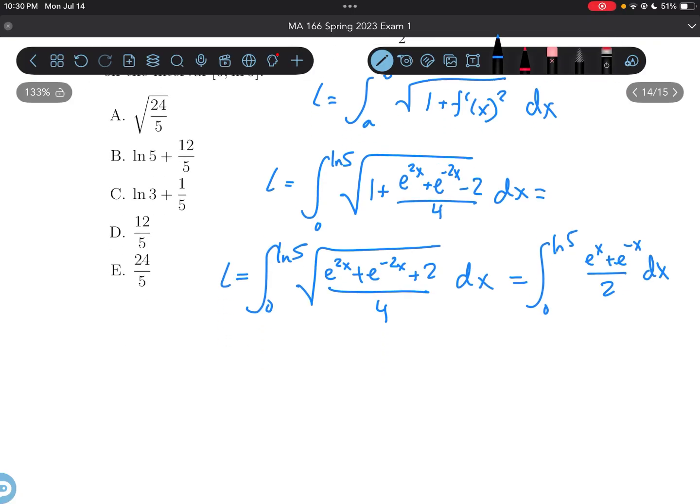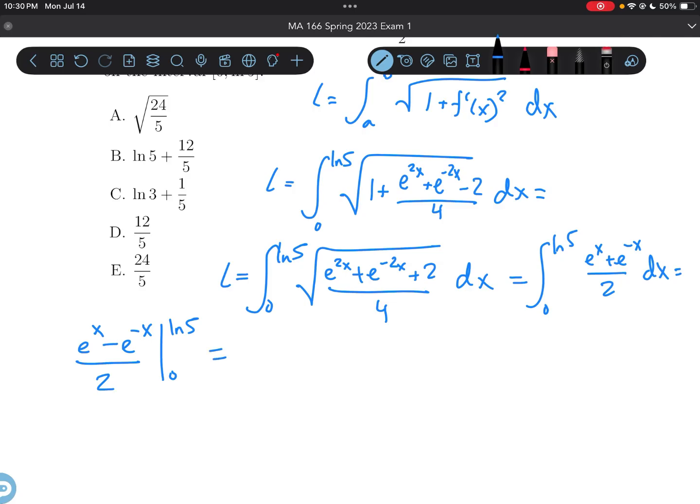Okay, so last step now is finding the antiderivative. The antiderivative is e to the power of x minus e to the power of negative x, divided by 2. And all of this is because the derivative of e to the x is just e to the x. So that makes things really easy.